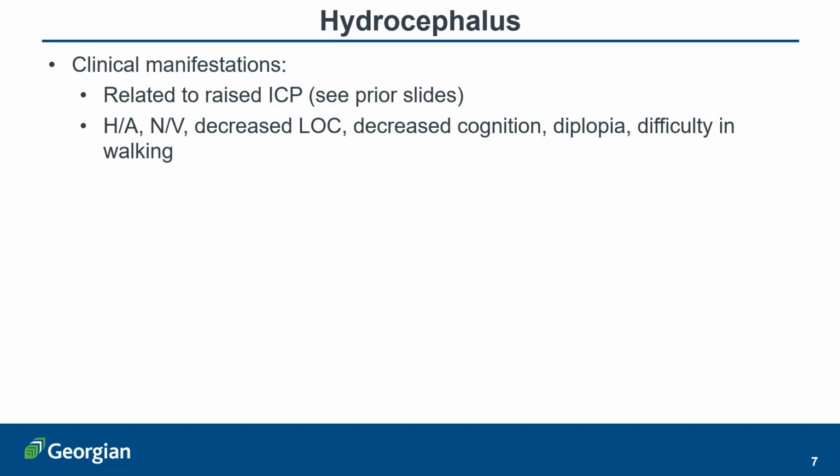We have a headache, nausea, vomiting, the hallmark clinical manifestation of a raised ICP being a decreased level of consciousness, decreased cognition, diplopia, that's the so-called lateralizing CNS signs, difficulty in walking, and so forth. Perhaps the motor cortex is affected as well. So the bottom line is that the clinical manifestations of hydrocephalus are all related to raised ICP.